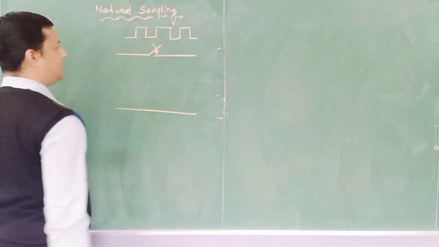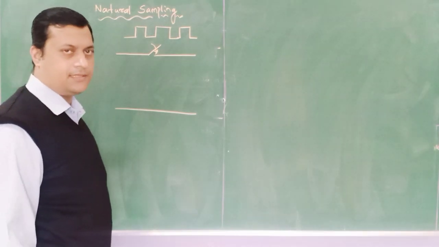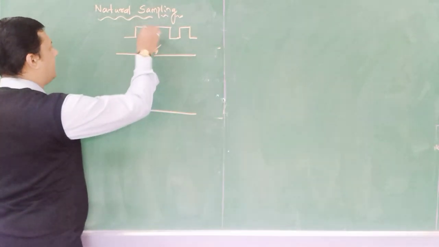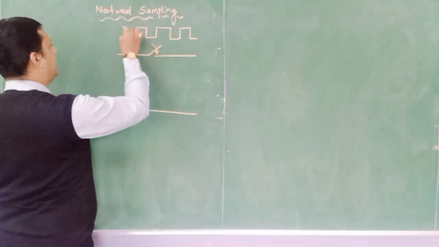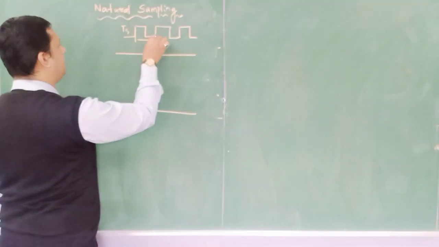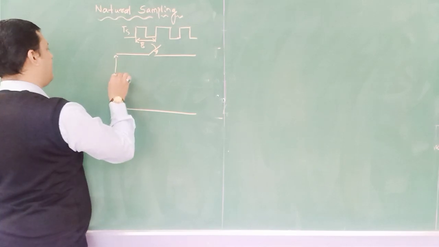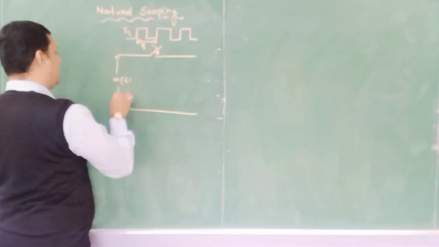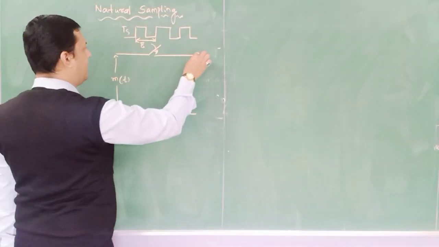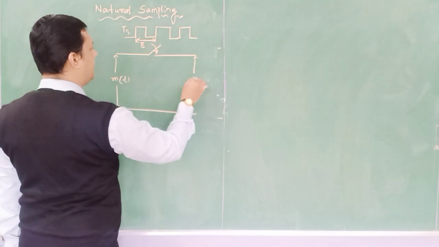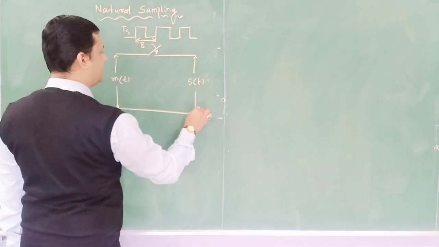This pulse is a rectangular pulse, and the time period is Ts. That means from here to here the time period is Ts. And here I will provide the modulating signal, and at the output I will get the sampled signal.